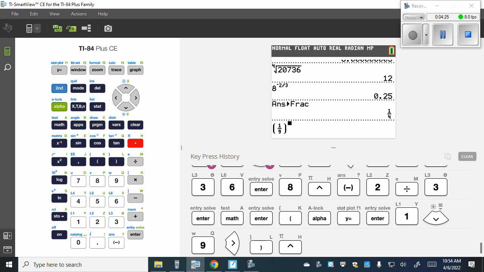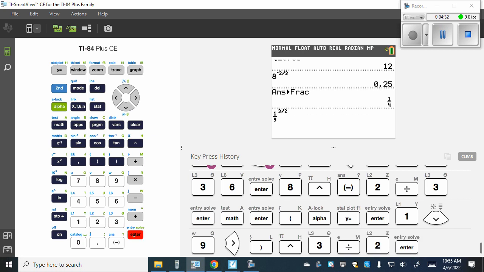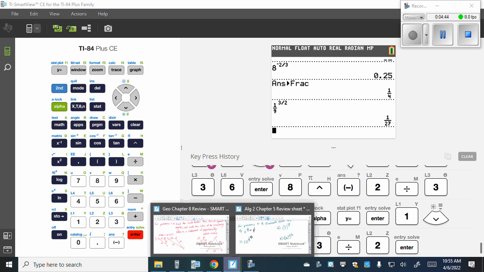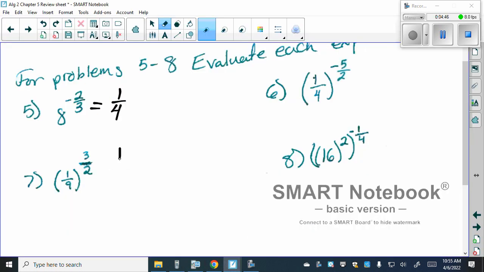Now we could type it in as a fraction or say 3 divided by 2. Which is 1/27. And that's it. That's all we have to do for this here. So 5 through 8, we can just type these in the calculator and we're good.